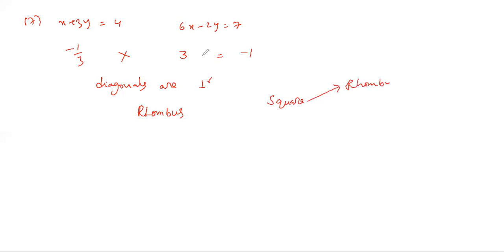Suppose the diagonals are perpendicular, suppose sides are equal, then it is a square. Square is also nothing but rhombus, right? So diagonals are perpendicular for square or rhombus? Square and rhombus, both diagonals are perpendicular.